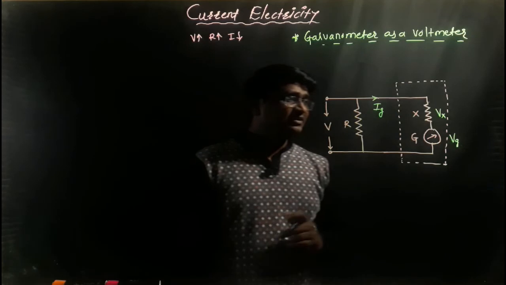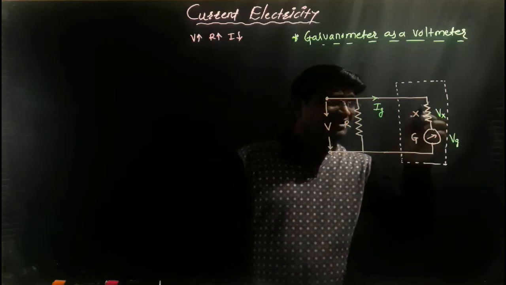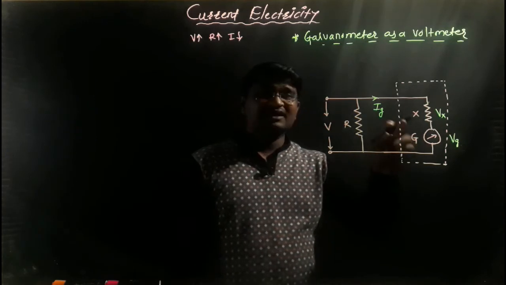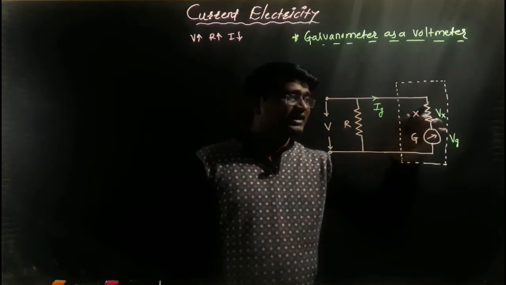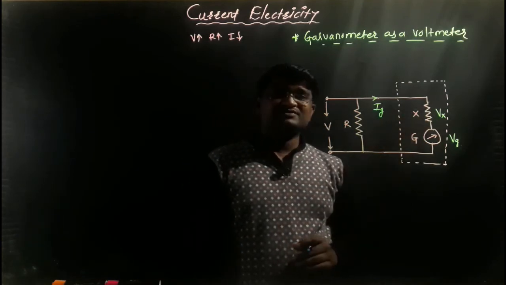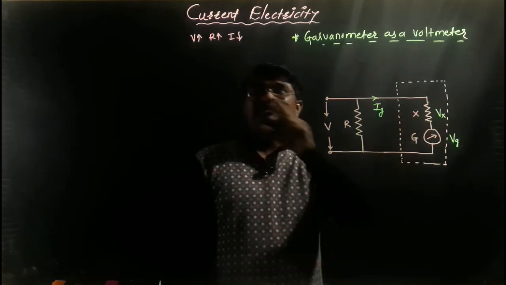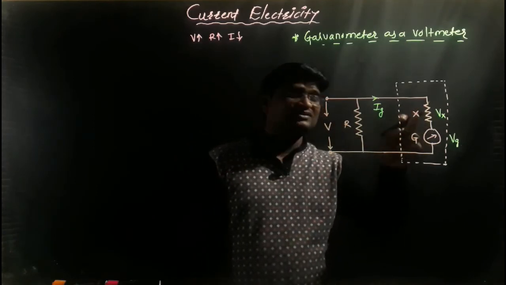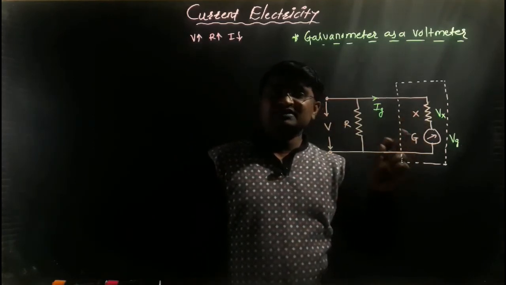So that is why another high value of resistance X, let's see here, this X is a high value of resistance, is connected in series with the galvanometer. When connected in series, the potential will decrease, because the high value of resistance X is connected in series with the galvanometer.